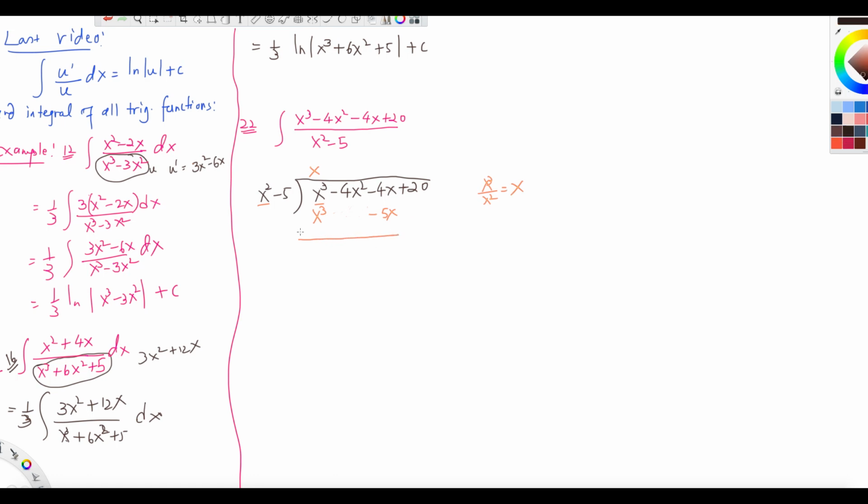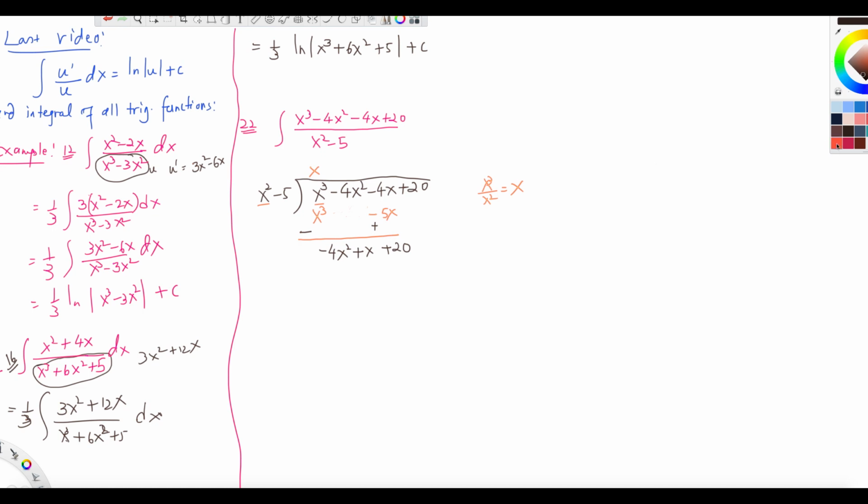So x cubed minus x cubed is 0, and then negative 4x squared stays because it is on the top row, and subtracting negative 5x makes it plus x. So you get negative 4x squared plus x plus 20.